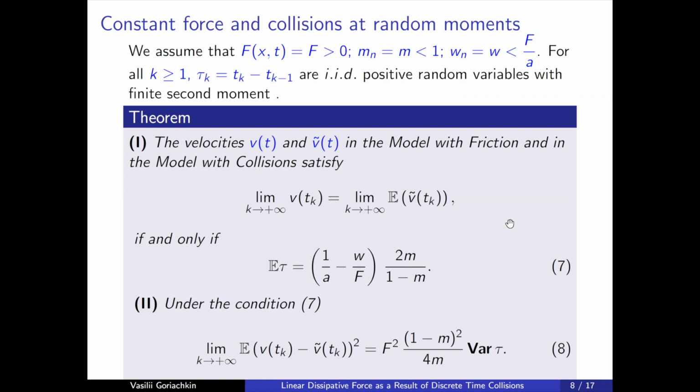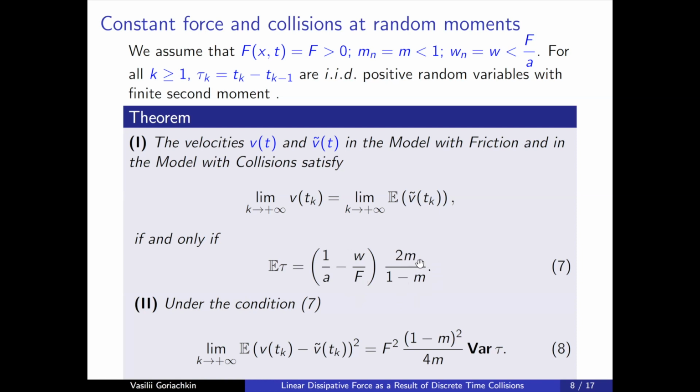But if m is small, then by this last equation, the variance of v on the left-hand side is very large, because m is in the denominator. Exactly. But in this case, the variance of tau will be small also. If we take tau exponentially distributed, for example, the expectation of tau should be of this form, and this one is of order m.